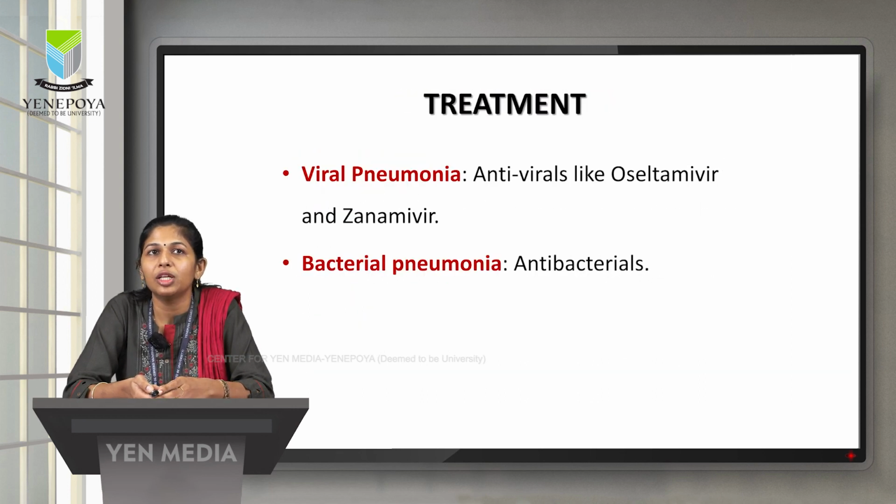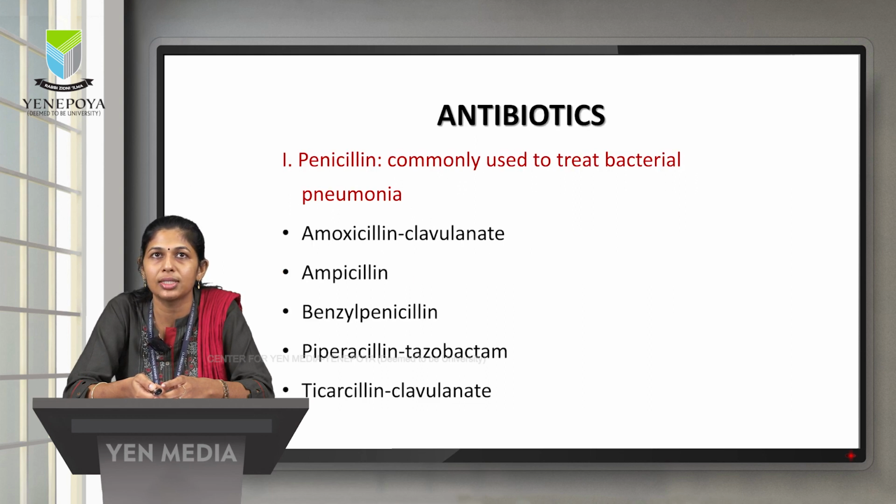Now coming to the treatment, as we have already seen the different types and risk factors of pneumonia, we can give treatment accordingly. For example, for viral pneumonia, you can give antiviral medication, that is oseltamivir and zanamivir. Next is bacterial pneumonia, for which you can give antibiotics. First classification is penicillin drugs.